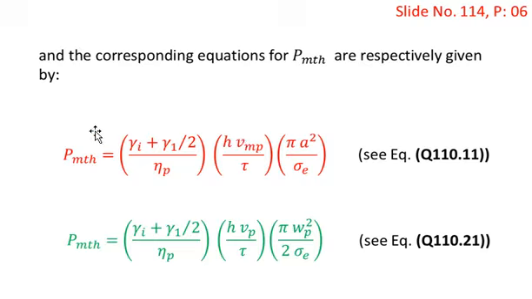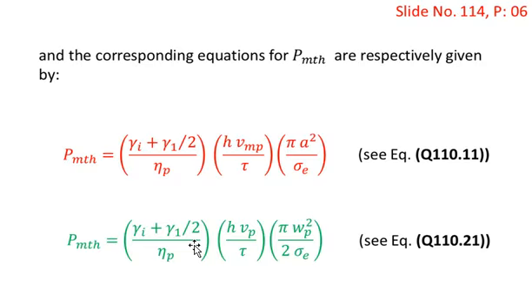So this is the minimum threshold value for the uniform pumping case for a 4-level system, which is a space dependent system. The minimum threshold power is given by this equation shown in red.